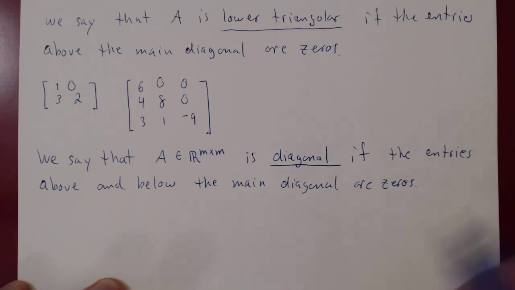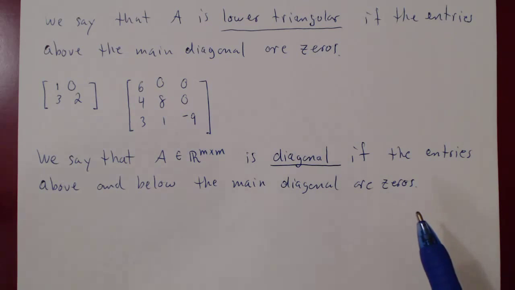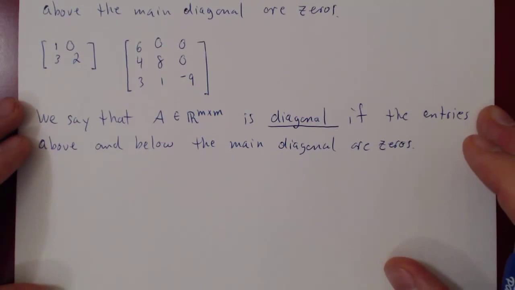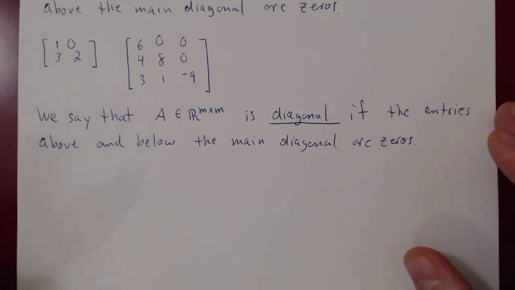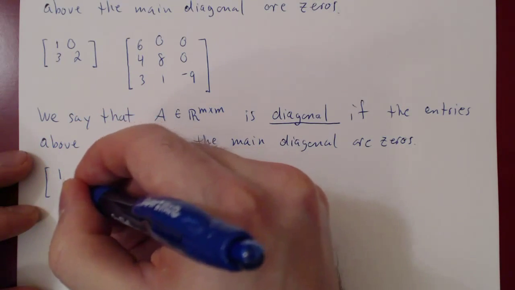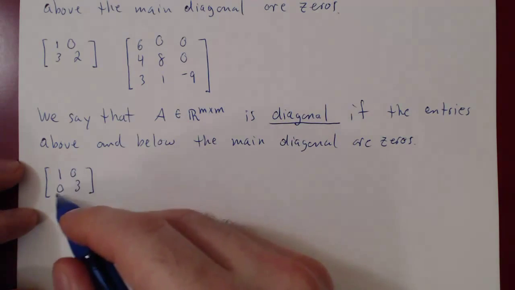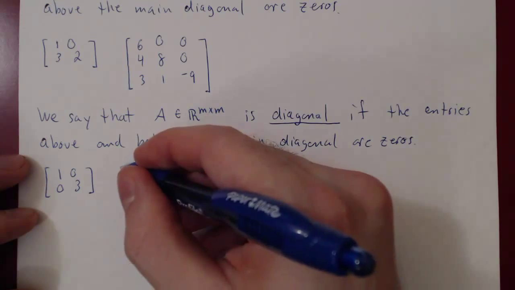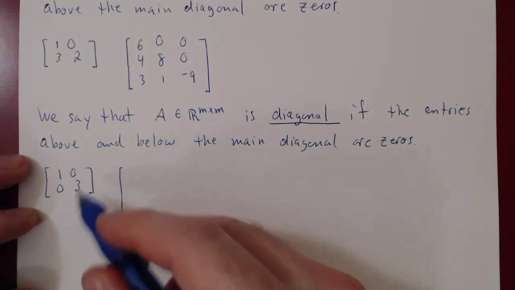Let's look at a few simple examples, and we'll see how we can write this very concisely using our notation for the entries of a matrix. So A is a diagonal matrix if the entries above and below the main diagonal are zeros. So on a diagonal we can have anything we want, but what's below and above has to be 0. So here's a 2 by 2 diagonal matrix. Now the entries on the main diagonal can also be zeros.